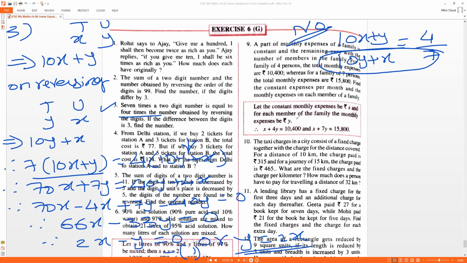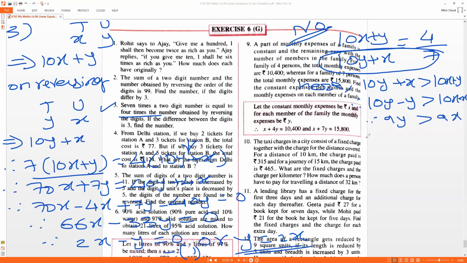Here you cannot neglect. Here you cannot say, let's take x minus y, y minus x, doesn't matter. No, it matters. So here you have to say 10y plus x is greater than 10x plus y. Okay, so you can say 10y minus y is greater than 10x minus x. So you get 9y greater than 9x. This implies y is greater than x.